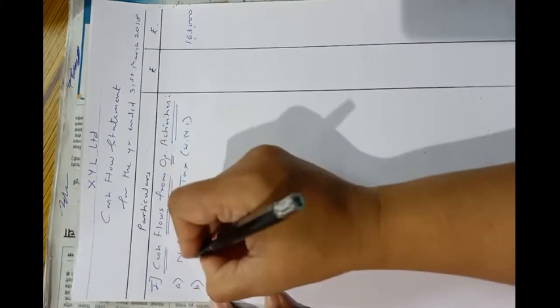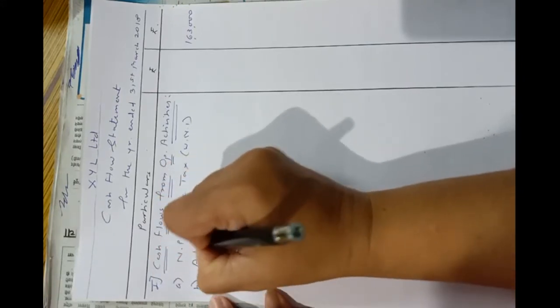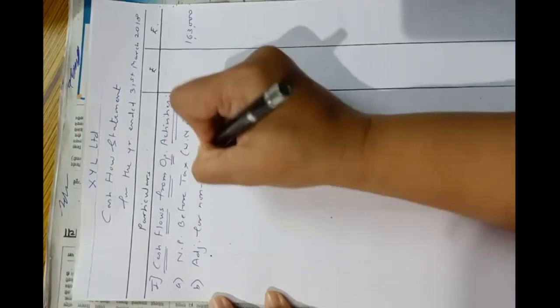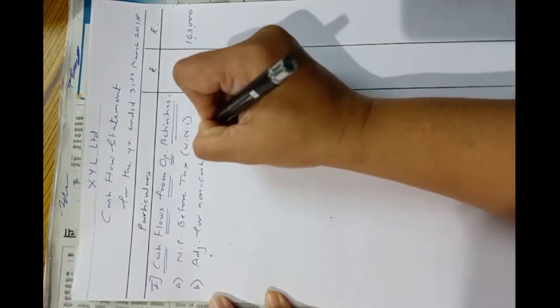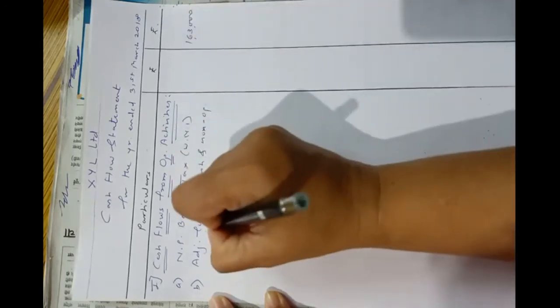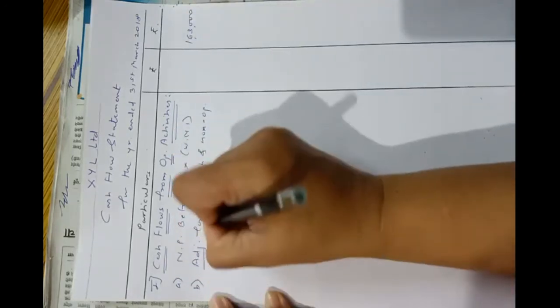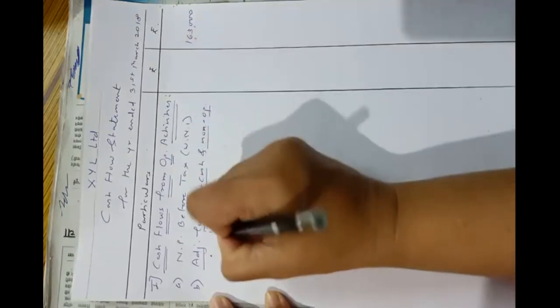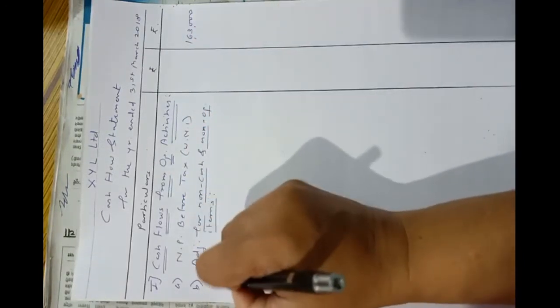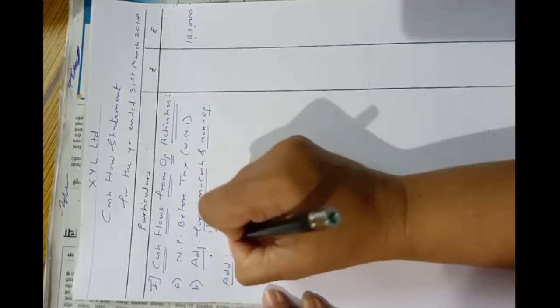Then B will be adjustment for non-cash and non-operating items. Now as we have discussed earlier, we have to add both the depreciations.